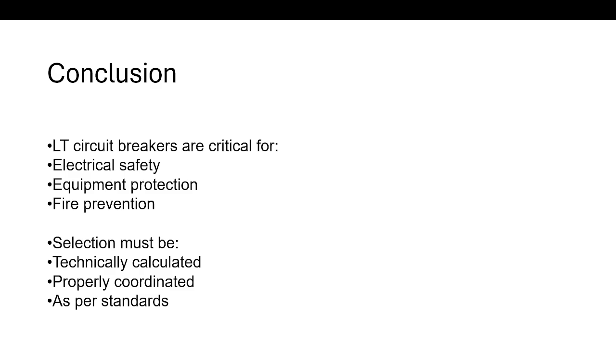Properly coordinating means if you're using two or three circuit breakers, the breaker near the fault should trip first, not affecting the entire working system. So for now we need to conclude. These are some basics, some operating mechanisms and types of circuit breakers.